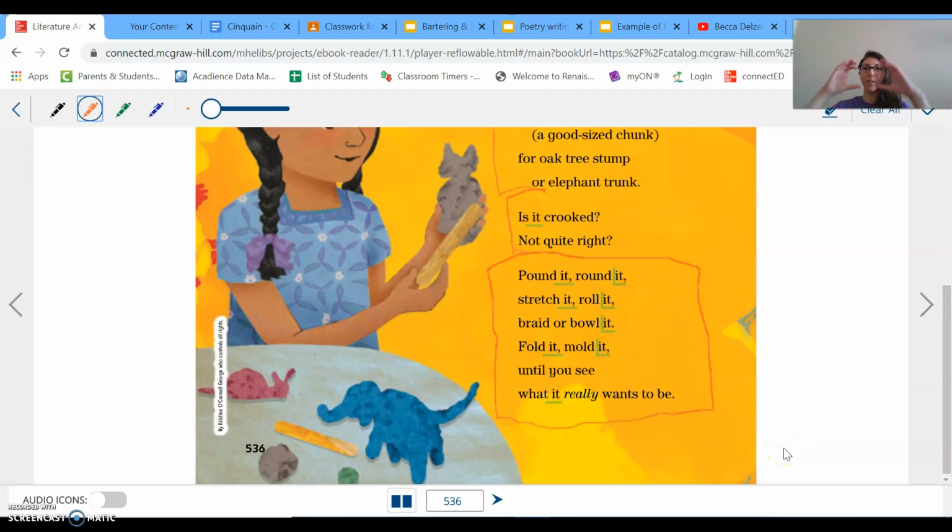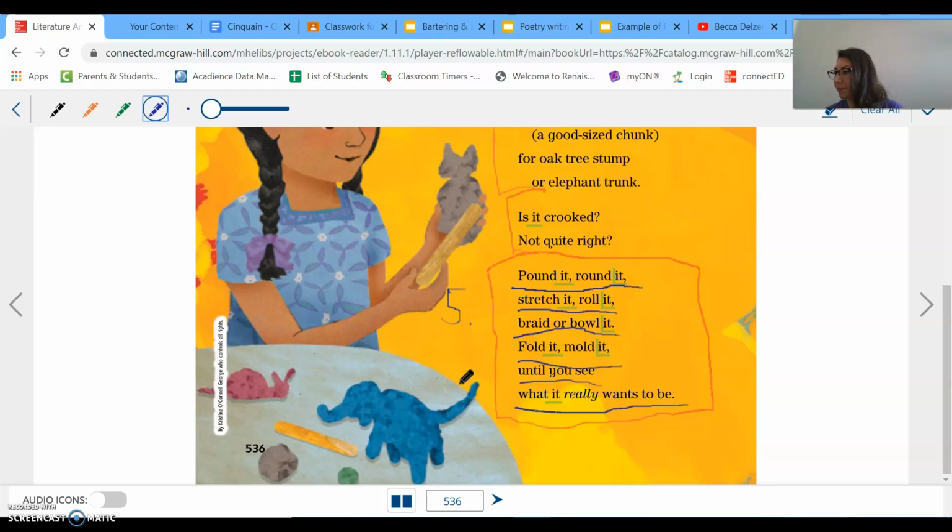Remember, stanzas are paragraphs or parts of a poem, and lines are parts of a poem that are separated from the rest of the poem. So we have 1, 2, 3, 4, 5, 6 lines in stanza 5.